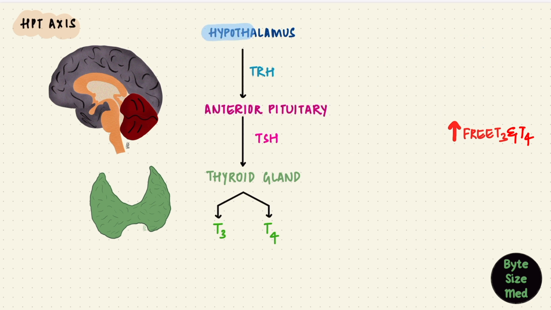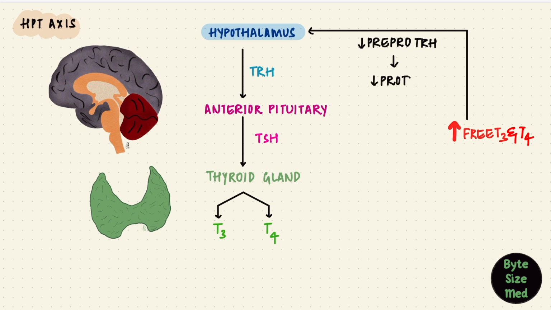But what about the hypothalamus? By negative feedback, T3 can decrease the expression of pre-pro-TRH, lowering pro-TRH, reducing TRH, which will then decrease TSH, and thus lower the release of the thyroid hormones when they're high.